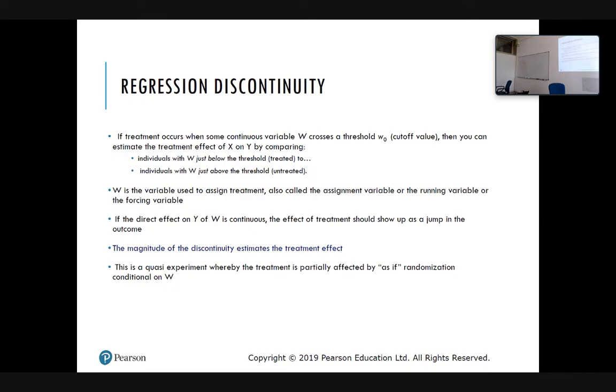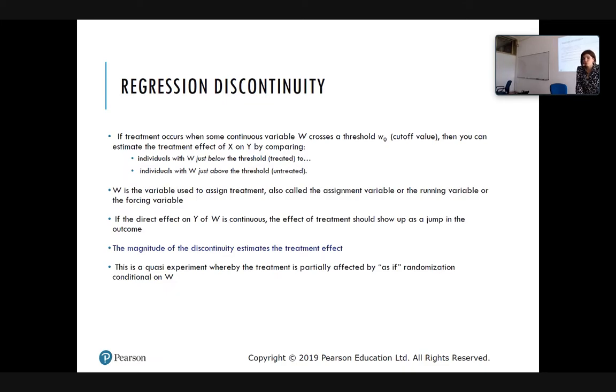So the intuition is that those individuals just below and just above the threshold do not have many different characteristics. So the assumption of exogeneity could be easier to apply here.